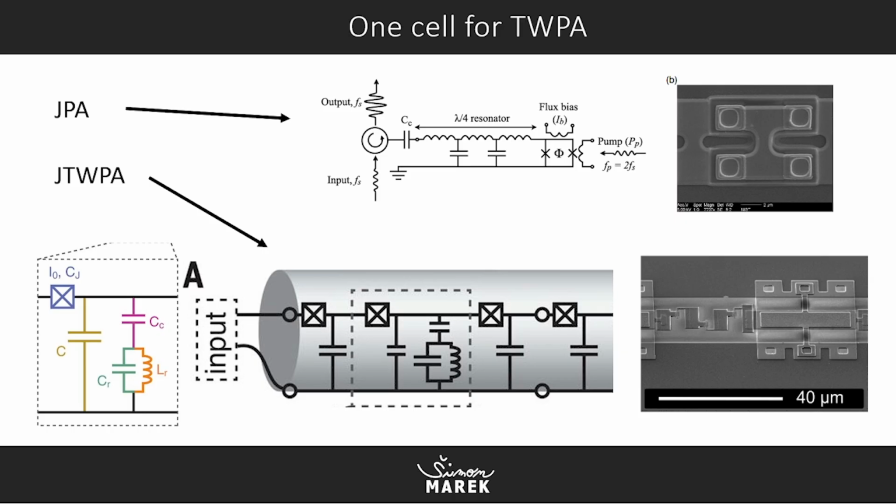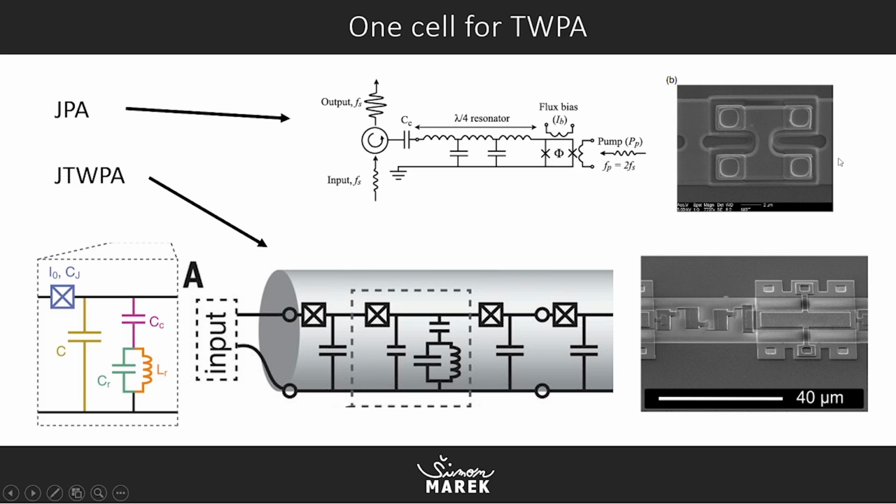So here's a slide with different types of amplifiers. The first type is the Josephson parametric amplifier. You can see the circuit here, which is basically resonator cells and one Josephson junction in the end with bias, or just an inductor, or you can pump the signal here and adjust the Josephson junction.